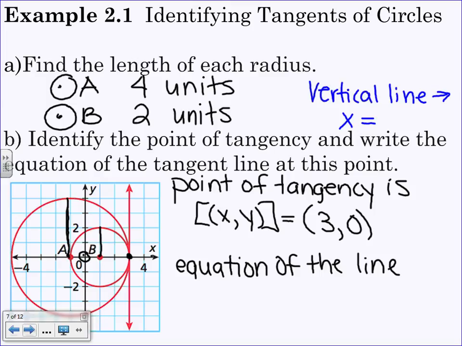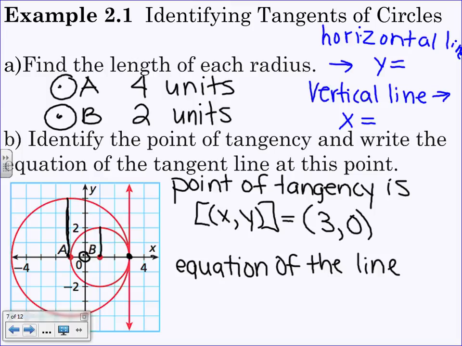I know this is stuff that you guys tend to get confused with. If it's a horizontal line, then it takes the form of y equals.